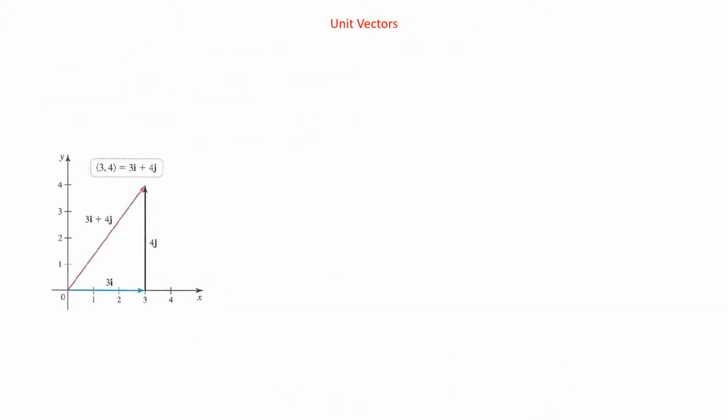A unit vector, so this is the other unit vector I was talking about. Here we have the vector i and the vector j. The vector i is 1 unit horizontal. The vector j is 1 unit vertically.